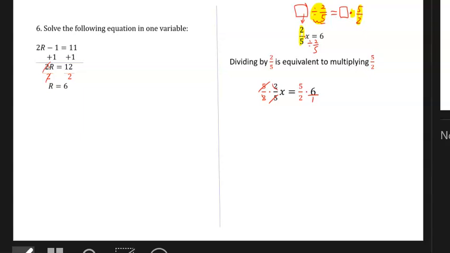Notice 2 and 6 both have 2 in common, so we reduce. 2 divided by 2 is 1, 6 divided by 2 is 3. Then we multiply straight across, so that will give us 15. We can put a 1 underneath 6 so they both look like fractions, reduce, and multiply straight across to get 15/1, but 15/1 is also 15.